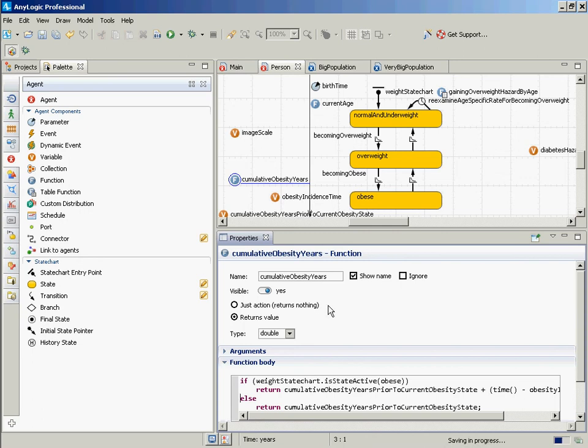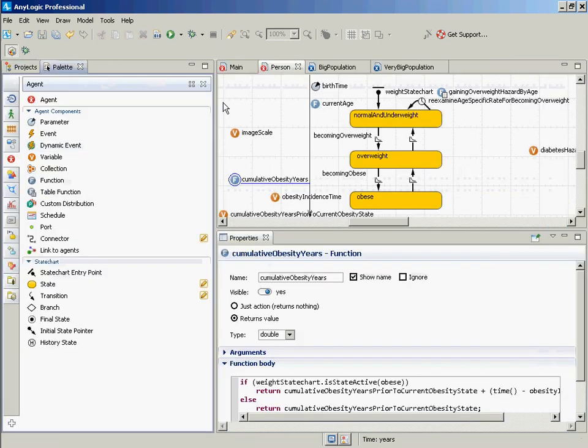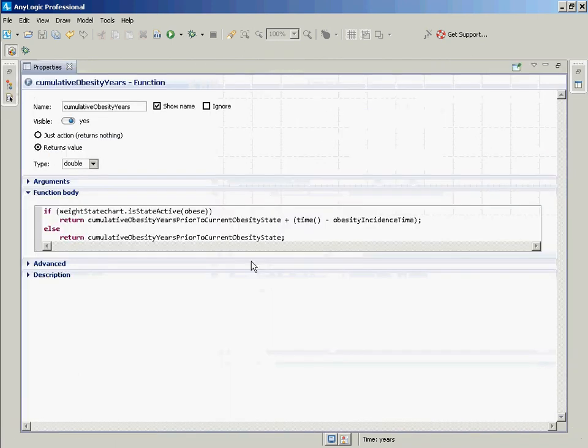So now we have got a way. We've got this function that's going to compute our cumulative obesity years. And it's just incomparably cheaper than a stock, fortunately. A stock will do it, and a stock would do it with greater elegance and less mechanism, I have to say.